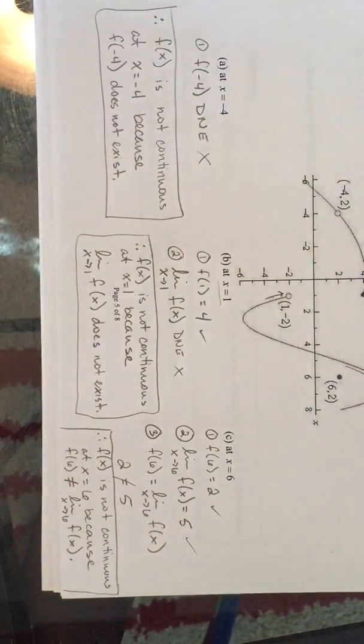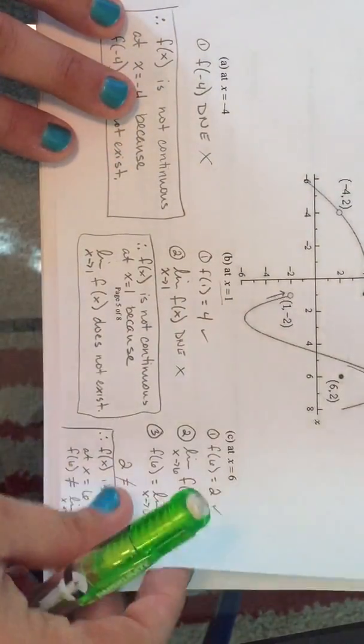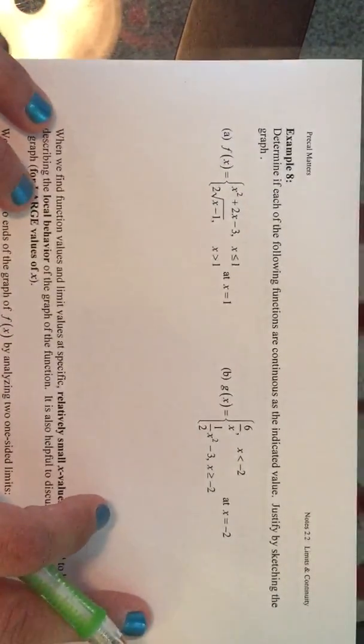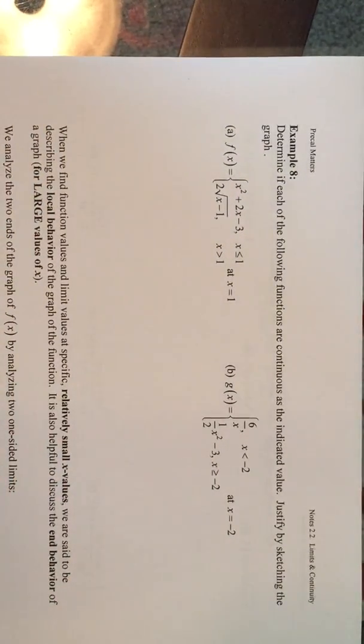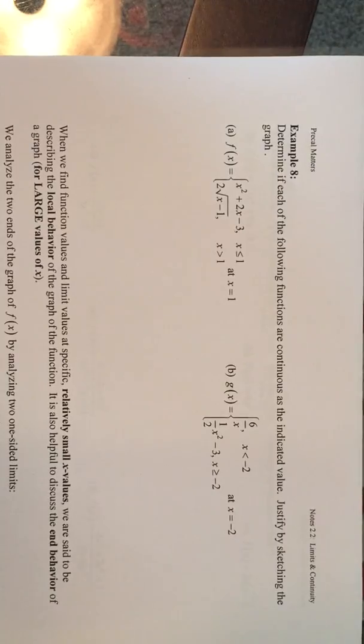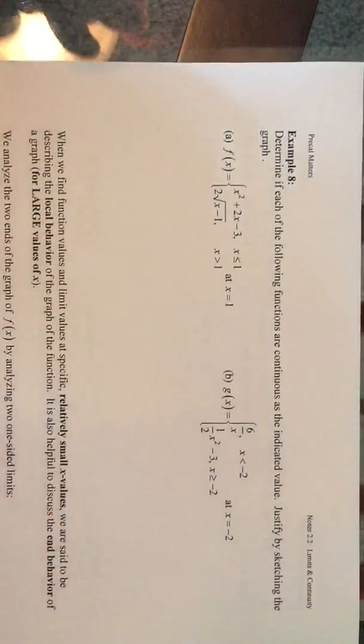And that's it. That's the rules for continuity, okay? On the next page, they're going to do the same thing but with piecewise functions, okay? So we'll take a look at piecewise functions in the next video.